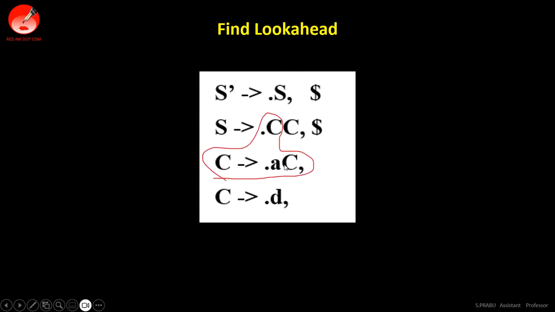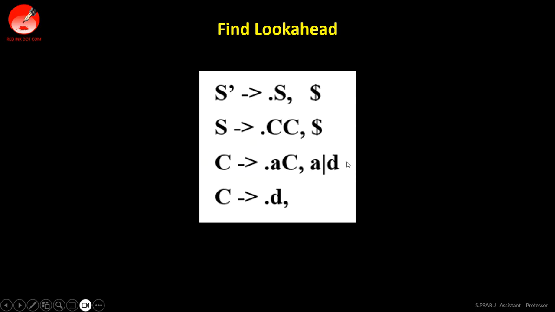This production can be formed from this line, so I need to find the follow of this capital C. The follow element is another capital C. This is the non-terminal, so you should write the first of this capital C. So capital C first is small a and small d. Don't write these two symbols as a comma d because the production rule as well as the look ahead symbols are separated by this comma only.